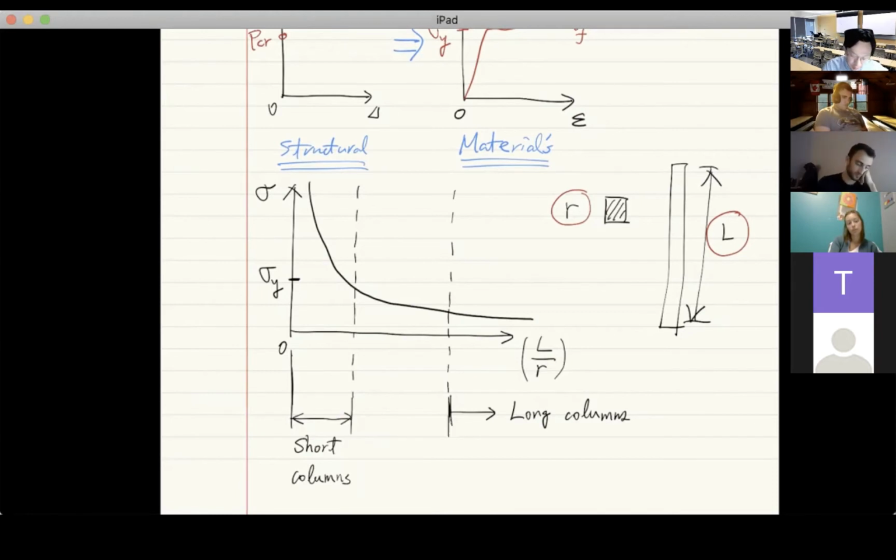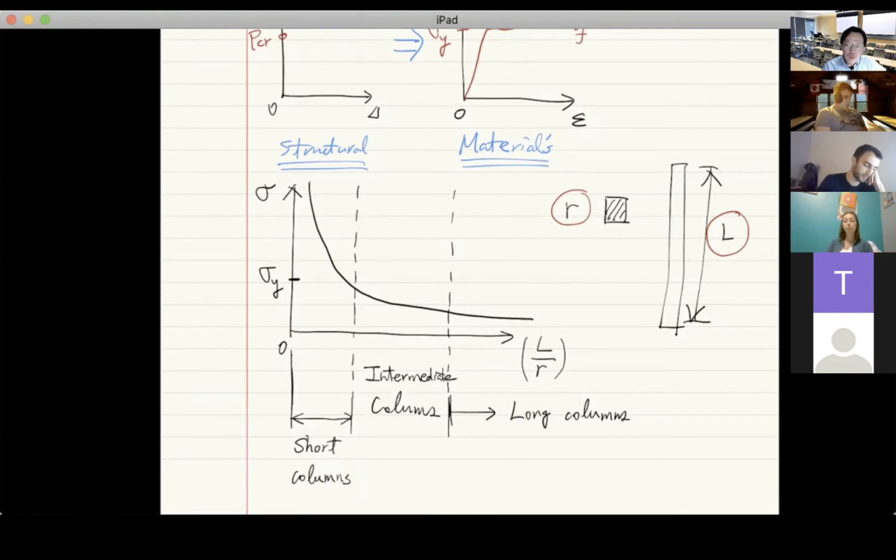Because for intermediate columns, the failure of the column is a combination of yielding and buckling. That means in this region, part of the cross-section may yield, but it has not failed yet. The buckling will also occur.